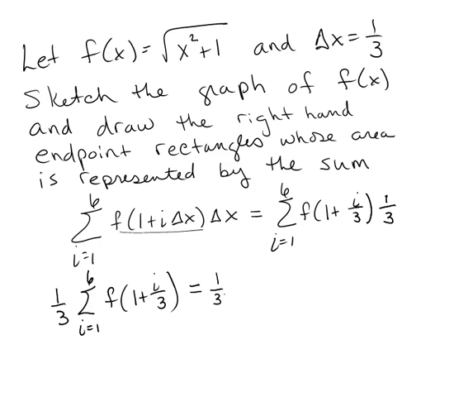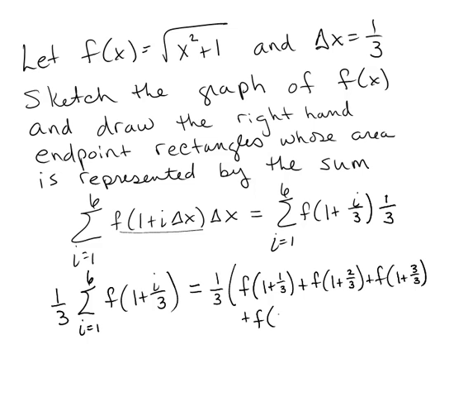So you have the 1/3 in front, and then you're going to have f at 1 plus, first i will be 1, so 1 plus 1/3, plus f at 1 plus, now i is 2, plus f at 1 plus, now i is 3, and then f at 1 plus 4/3, and then f at 1 plus 5/3, plus f at 1 plus 6/3.